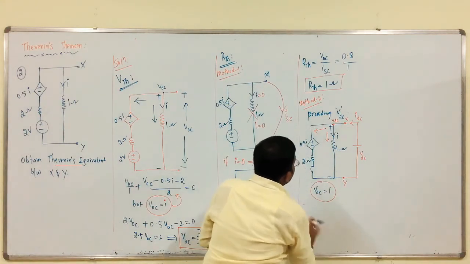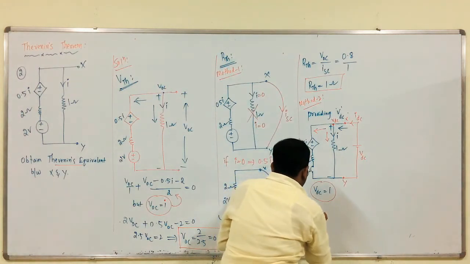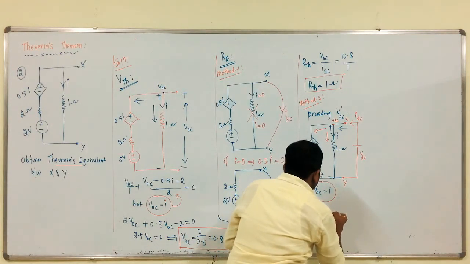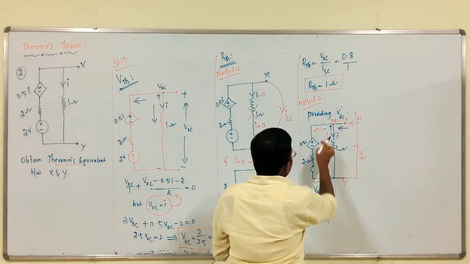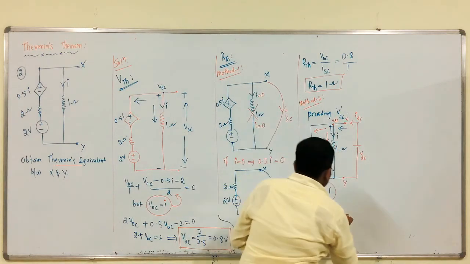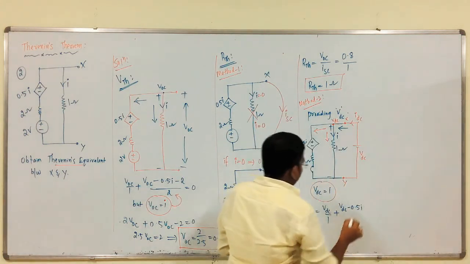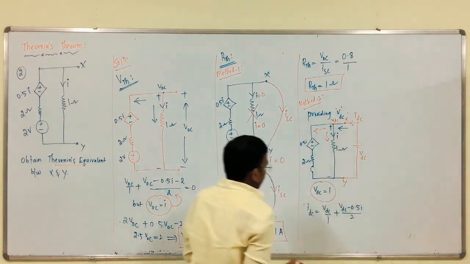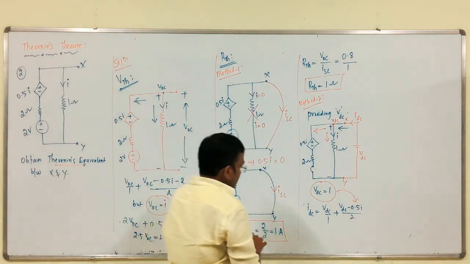So, IDC is entering, that is IDC is equals to VDC by 1. Entering current equals to leaving current. IDC is equals to VDC by 1 plus VDC minus 0.5 I by 2. But I is equals to what? VDC. Then substitute this VDC.